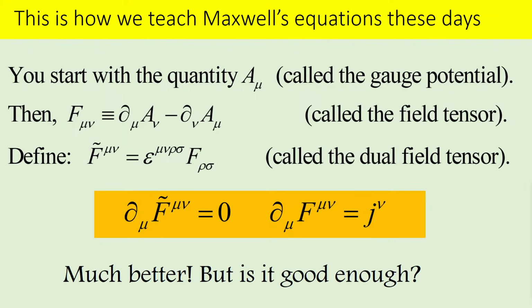And then look at the beauty of this, that you had 20 Maxwell equations which are now boiled down only to 2 equations that look like this. And it should be good enough. I mean, in terms of beauty, this is already very beautiful.